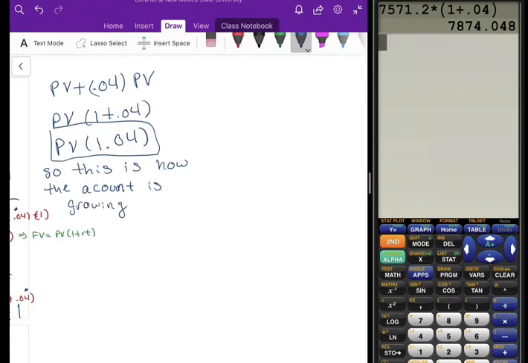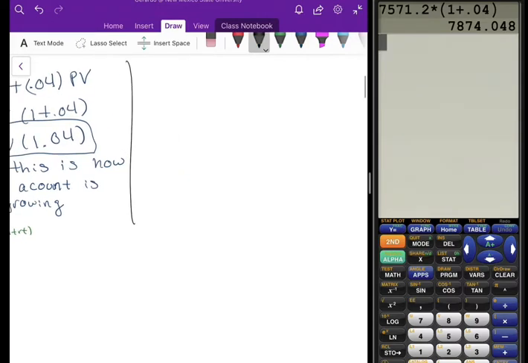Okay? So let's do a little chart, if you may, so we can see. So for year 0, which is the initial investment, we started with 7,000.